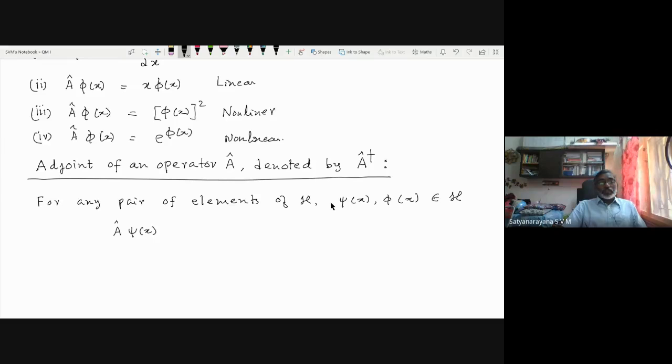What happens? This will be another function, correct? Now take the inner product of phi of x with the result of that.